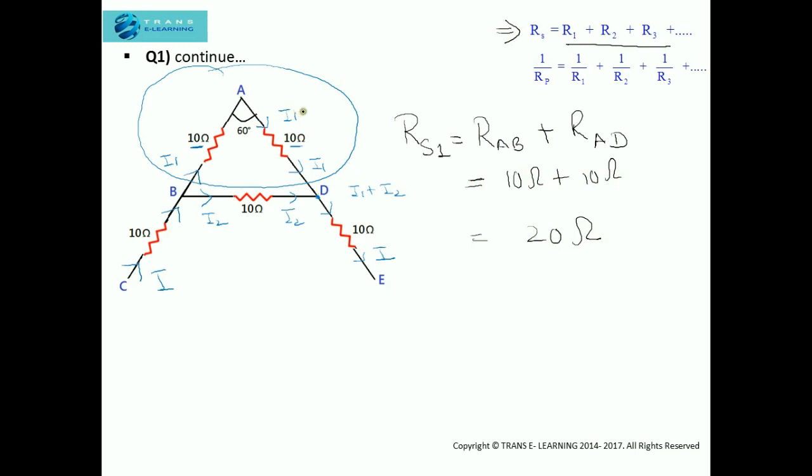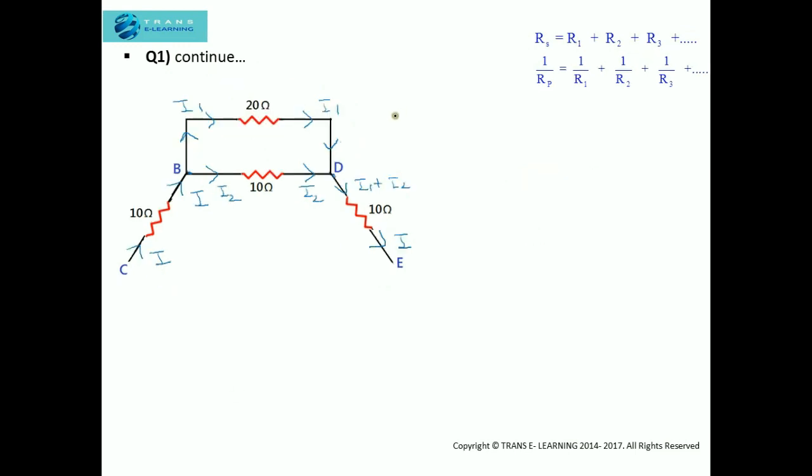Now let's see how the circuit will look. Now the circuit will look like this. This is the equivalent resistance that we have found through the series combination. Now as you can see here, this equivalent resistance RS1 and the resistor across BD are in parallel combination with each other, because here the current is getting divided and we will take the sum of the reciprocals.